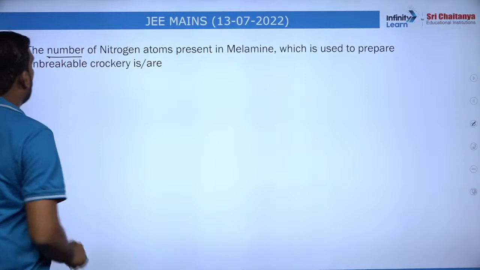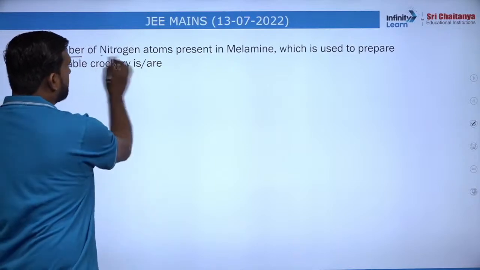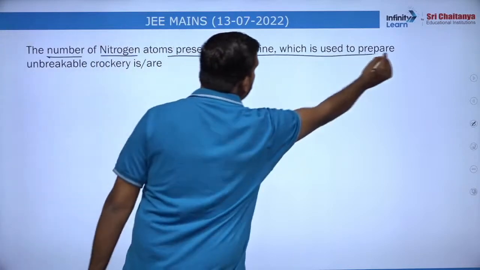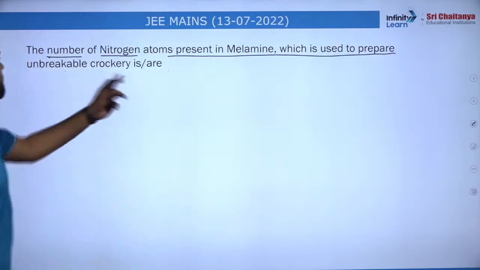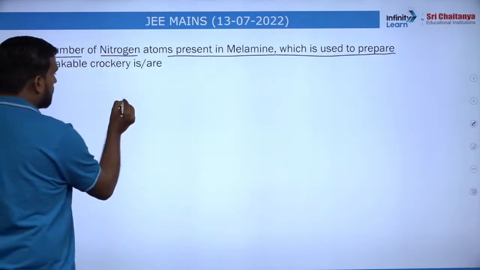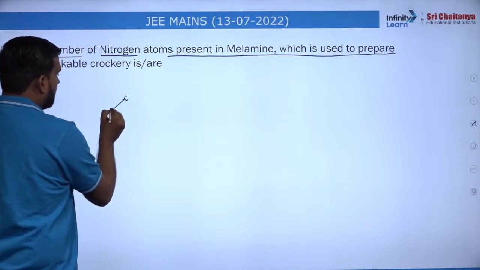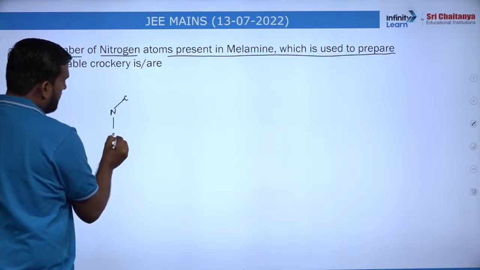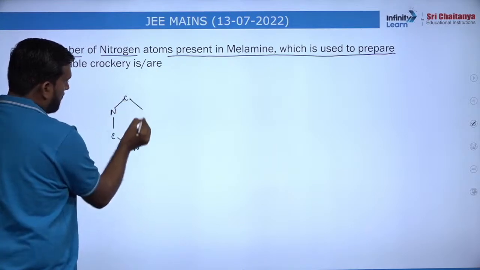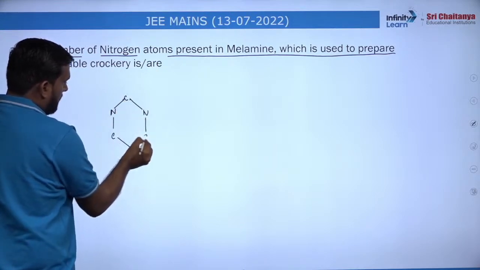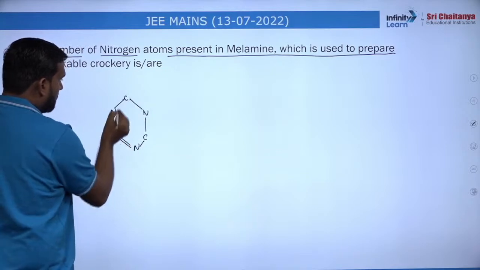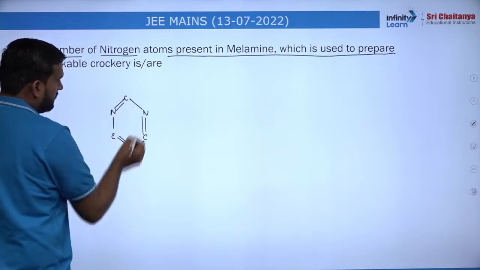The number of nitrogen atoms present in a melamine which is used to prepare the unbreakable crockery. So the structure of melamine is something like this. Actually, carbon is there, there is nitrogen, there is carbon, there is a nitrogen, there is basically nitrogen, there is carbon. So it looks something like this.